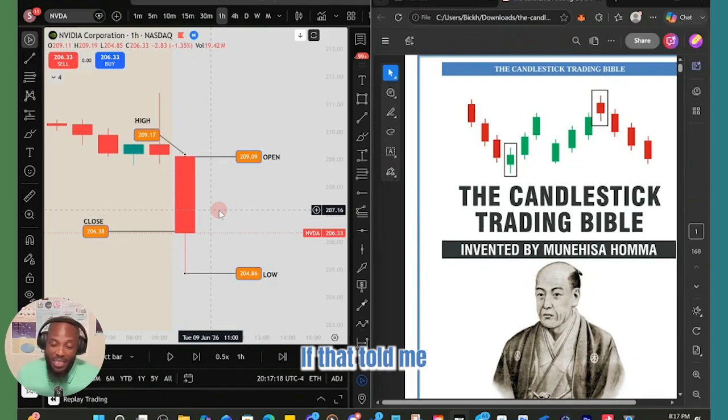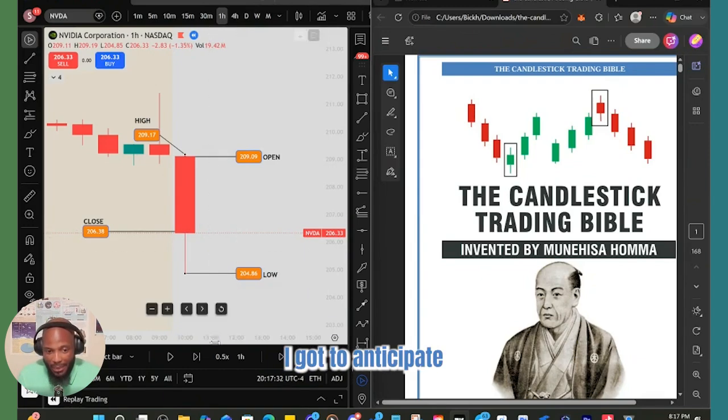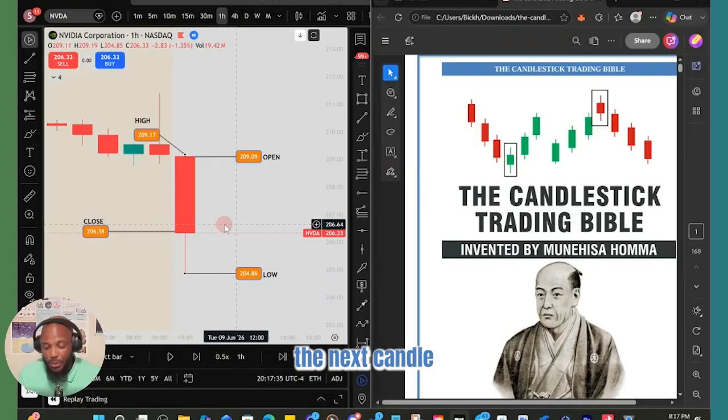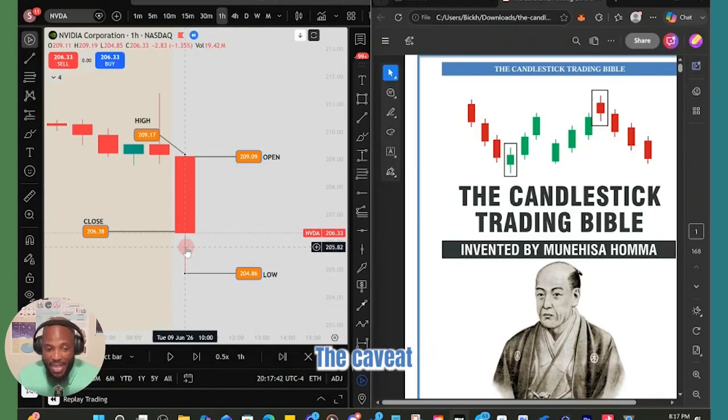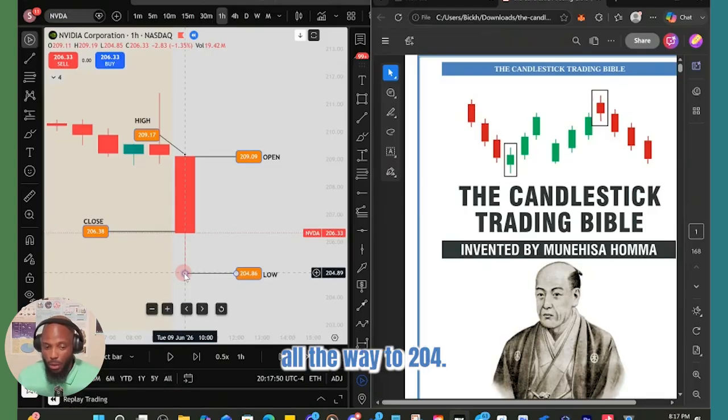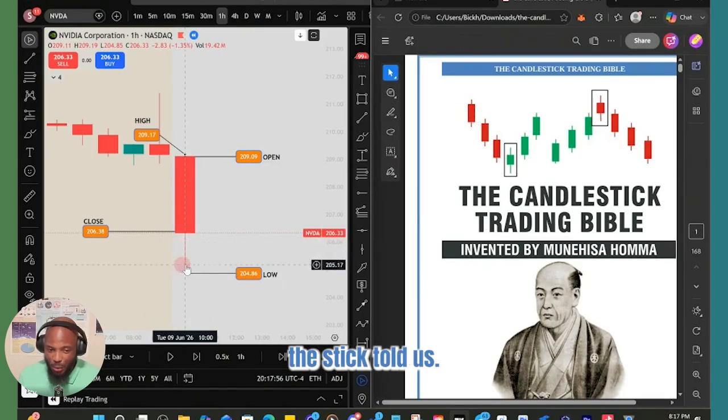If that told me sellers was strong, I gotta anticipate the next candle to be red as well. With the caveat here, the caveat is this stick. All right, the stick means sellers was down here. This was all red all the way to 204, but buyers liked NVIDIA at 204. That's what this stick told us.